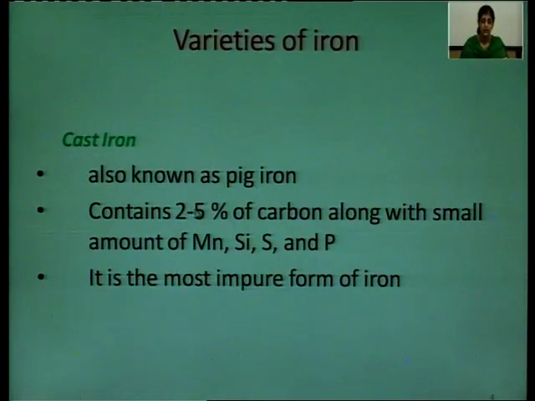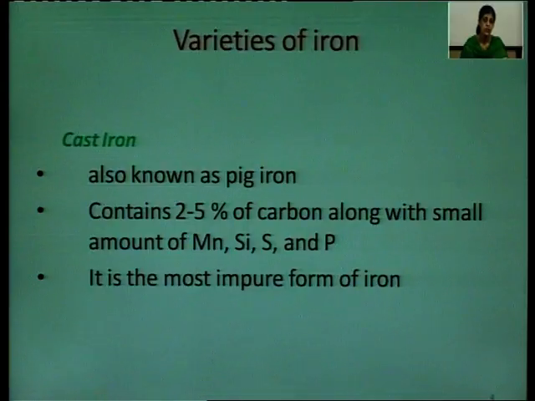The carbon in this type of iron is 2.5% carbon, and we have small amounts of other elements also like manganese, silicon, sulfur and phosphorus present along with iron, and this is the most impure form of iron.